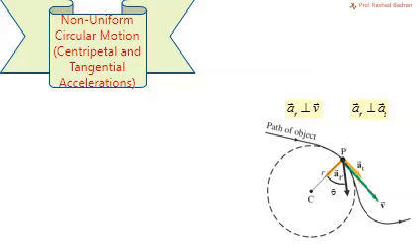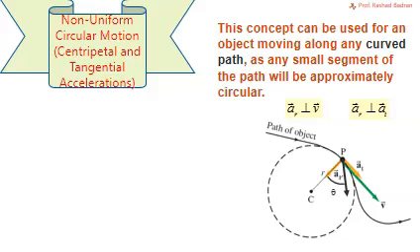In this non-uniform circular motion, the object may be revolving in a circle or moving in any curved path, not necessarily a circle.